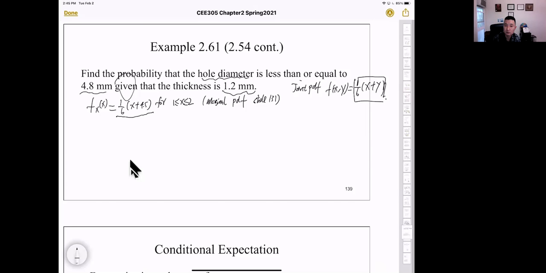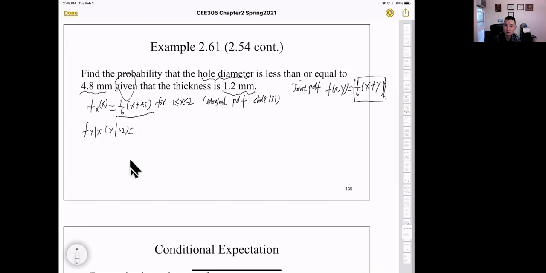Then let's figure out the conditional. The conditional PDF for Y given X equal to 1.2 millimeter. So the question is asking for the probability for Y, the hole diameter, given X is a certain value. That certain value is 1.2.